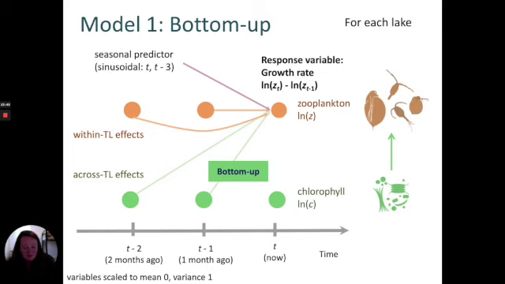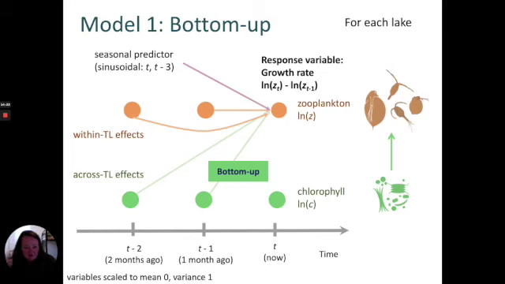And we then have the cross-trophic level effects of chlorophyll 1 month ago and chlorophyll 2 months ago on zooplankton growth rate. And the effect that we'll be talking about from here on out is this effect of chlorophyll 1 month ago on zooplankton. So that's what we're calling the bottom-up effect. So basically, if that's positive, if increasing chlorophyll increases zooplankton abundance, that's suggesting that this bottom-up effect is positive and causing growth.